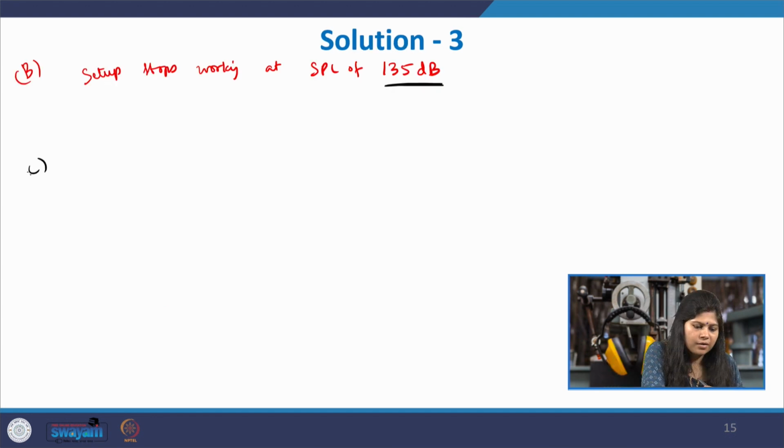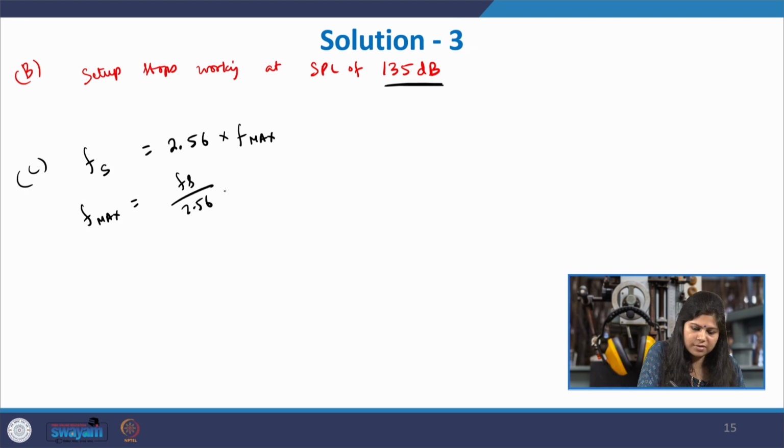From the previous question, we know that Fs needs to be greater than twice the F max. The sampling rate is usually set as 2.56 times the F max. So, the F max is obtained as Fs divided by 2.56, and Fs is given as 16.4 kilohertz.